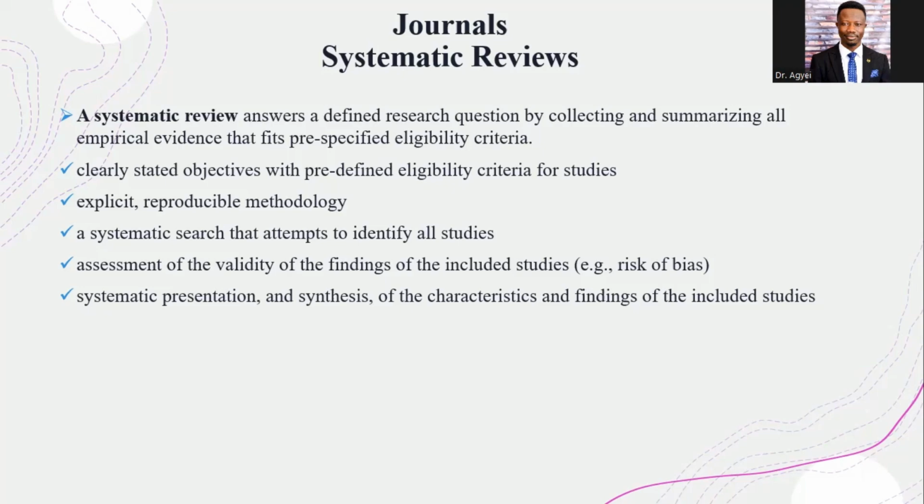If the journal is about systematic review, unlike the normal articles we usually come across, you see that it has stated objectives with predefined eligibility criteria for studies, and an explicit and reproducible methodology. It has a clear methodology that it uses, and other basic things that we can find about any scholarly materials.